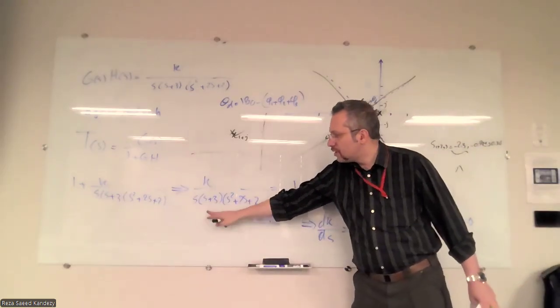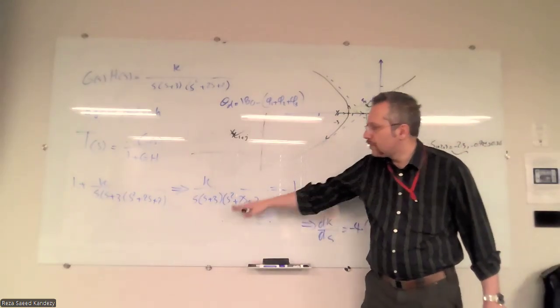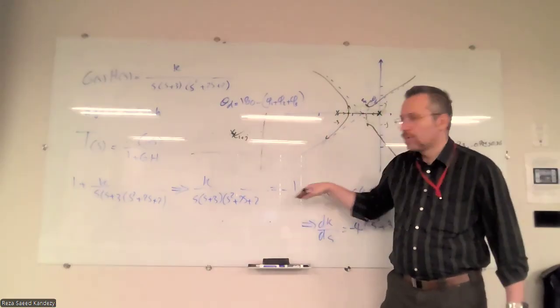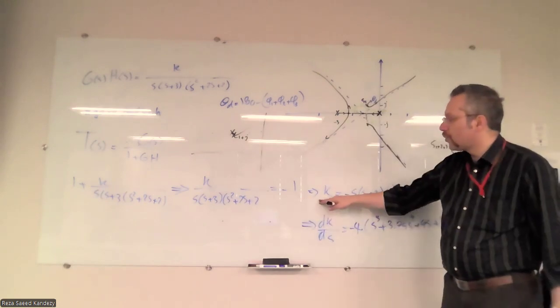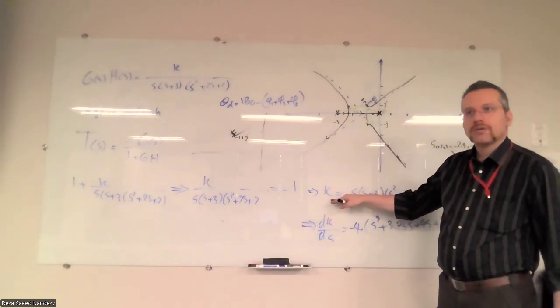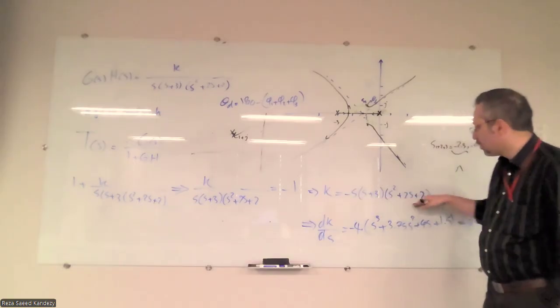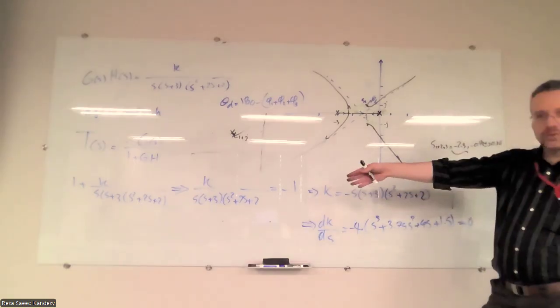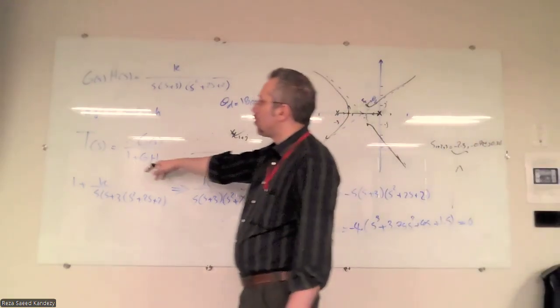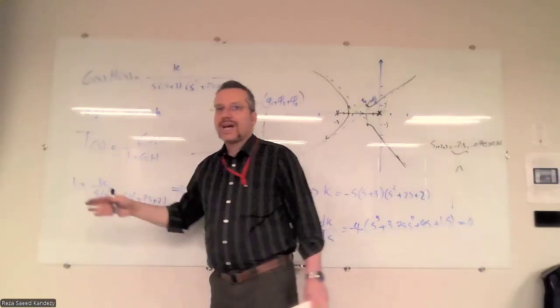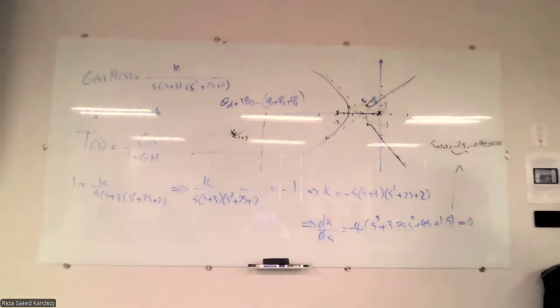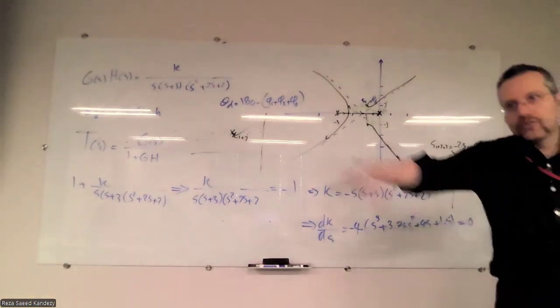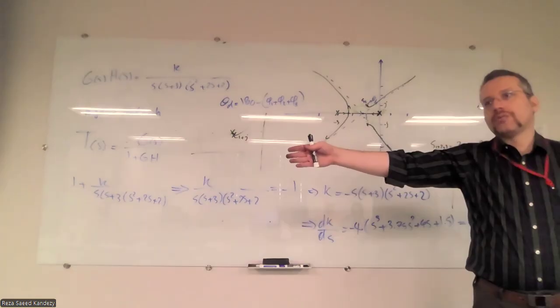If this is equal to -1, you can simply multiply by the denominator on both sides. Then one part is going to be only k, and the rest is going to be a function of s. So we use the denominator of the transfer function and try to isolate k, keep it on one side of the equation, and move all the other terms to the other side.